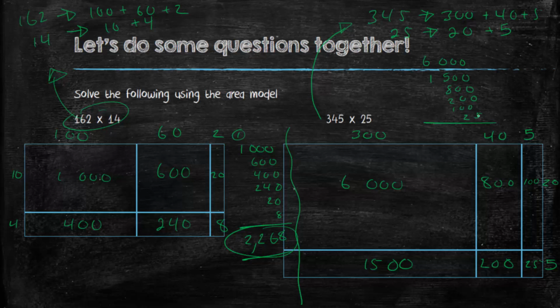The 5 comes down here. 5 plus 8, we get 13. 13 plus 2, 15 plus 1, 16. 6, carry the 1. 1 plus 6 is 7. 7 plus 1, 8. The answer is 8,625. Pretty cool stuff, right?